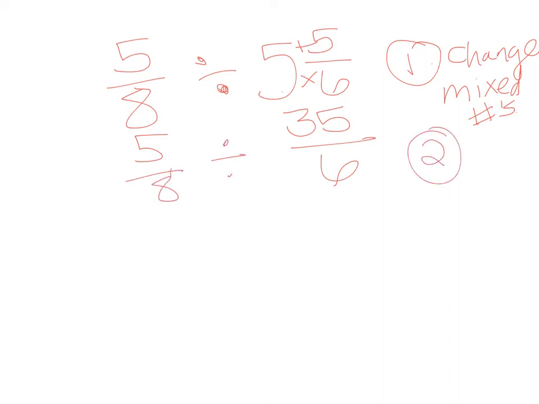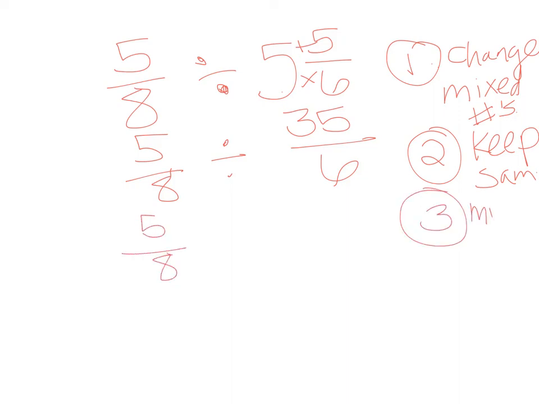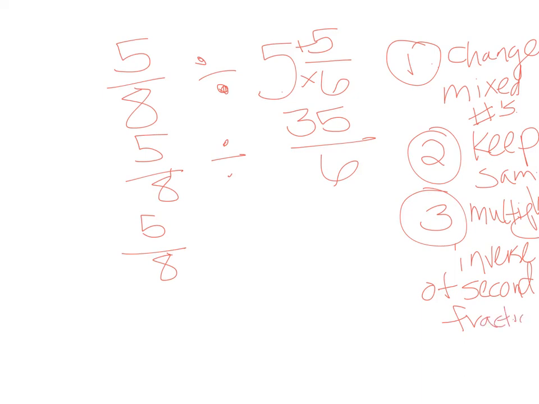Step 2. Keep the first fraction the same. So 5/8. Step 3. Multiply by the inverse of the second fraction. So multiplied by 6 over 35.